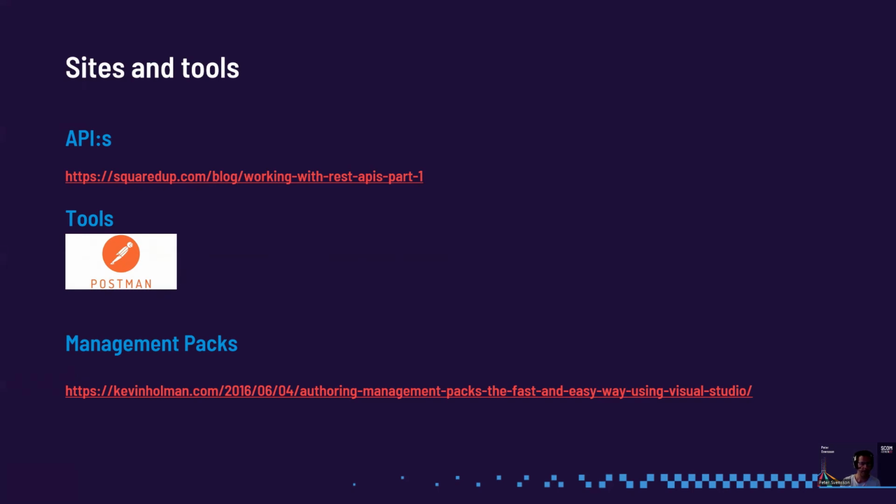And finally, for the management packs themselves, you have Kevin Holman's fragments, and he also has a very good blog on how to start authoring management packs with his fragments library and using Visual Studio. That is also a must-read, in my opinion, if you want to start with management pack authoring.